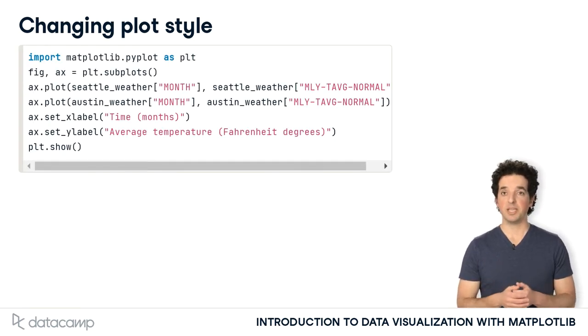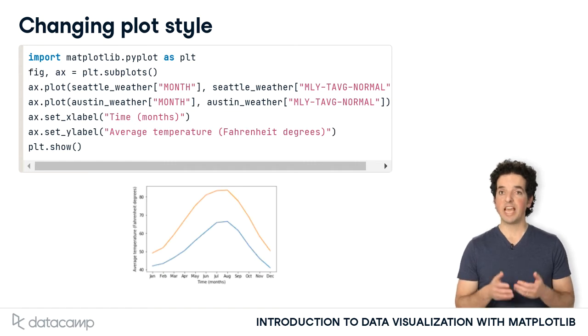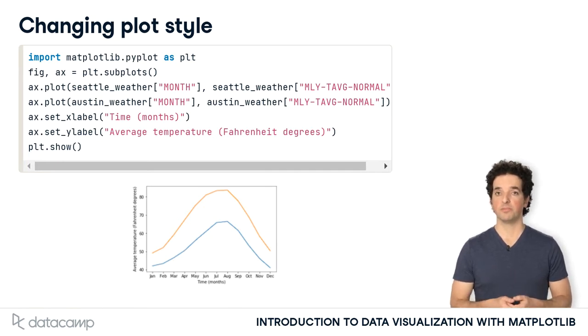To see what that means, let's look at one of the figures we created in a previous lesson. This figure shows the average temperatures in Seattle and Austin as a function of the months of the year. This is what it looks like by default.